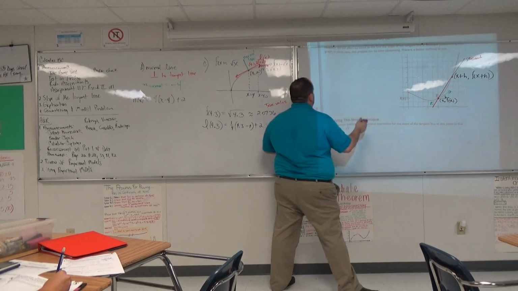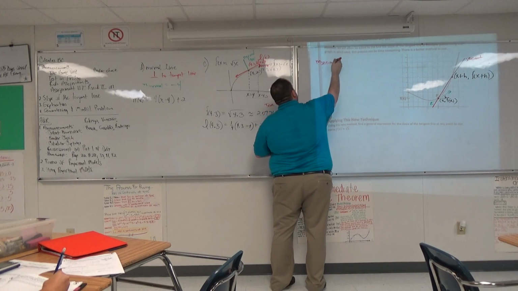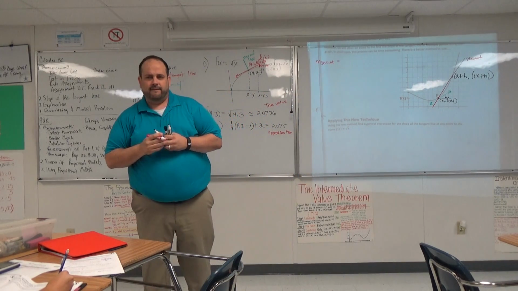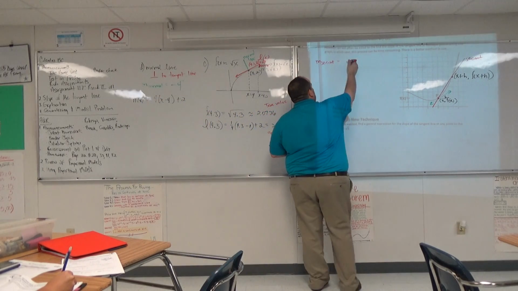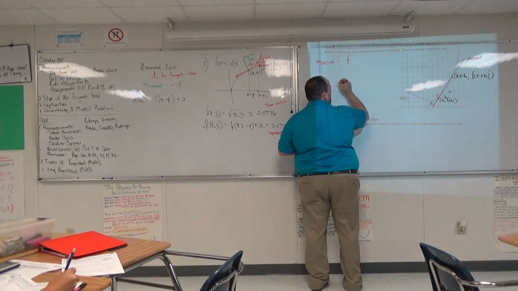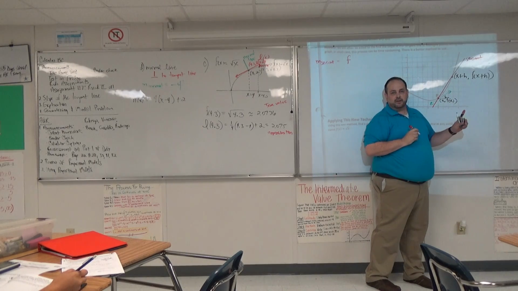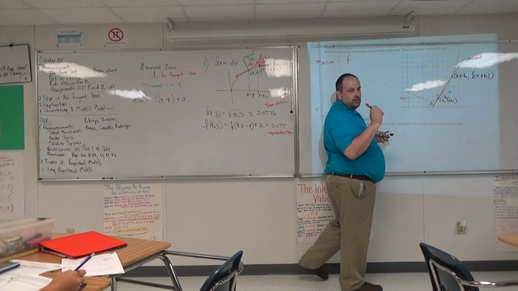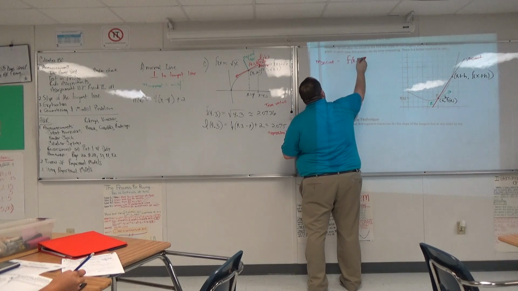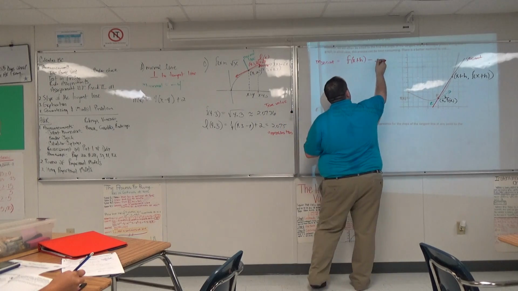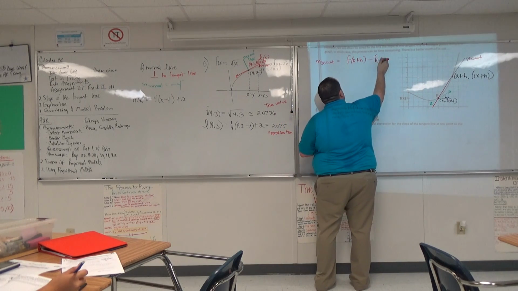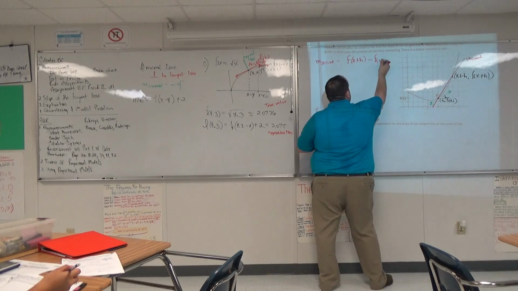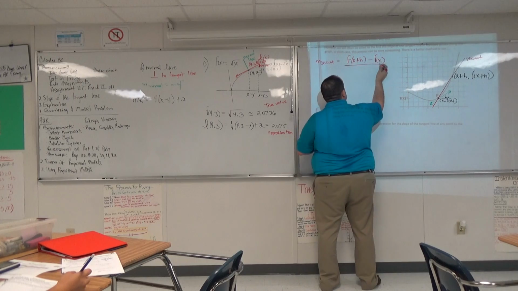And if I said, hey Andrew, what's the slope of the secant line? The red line, the one that connects this point here and that point there. F of x plus h minus f of x, over h.